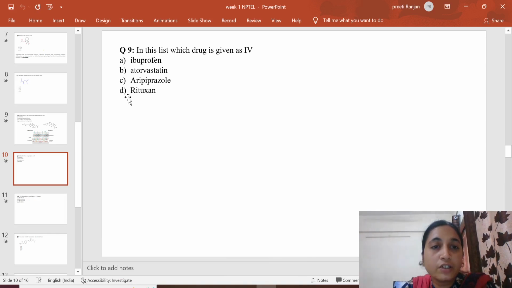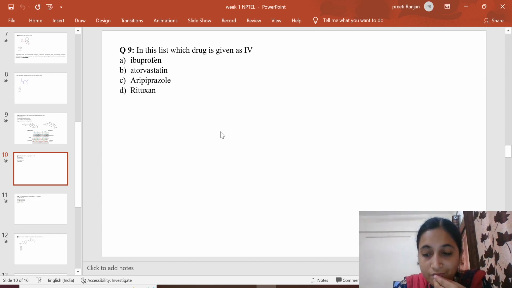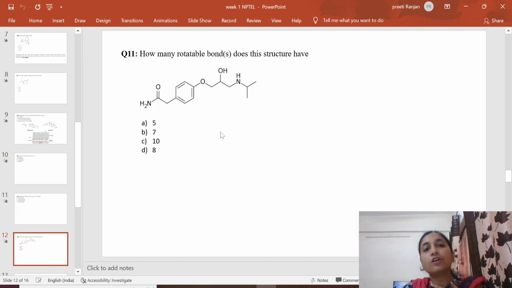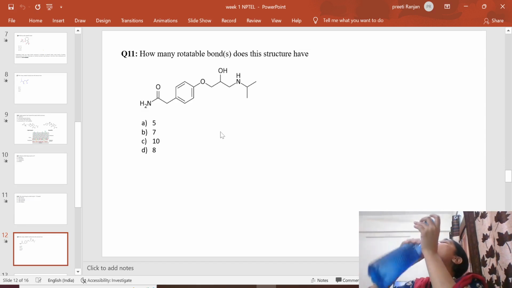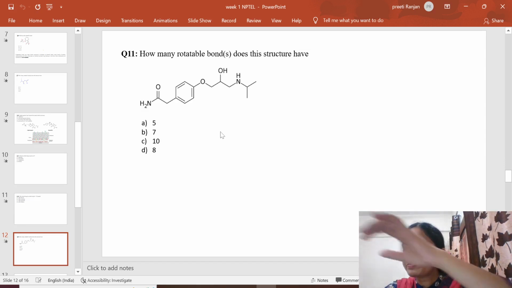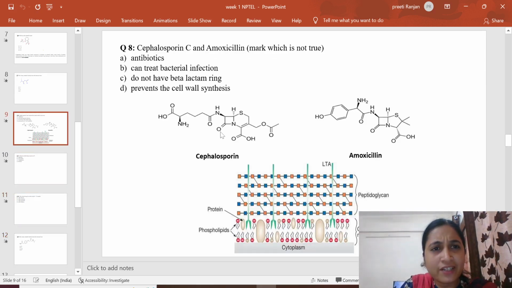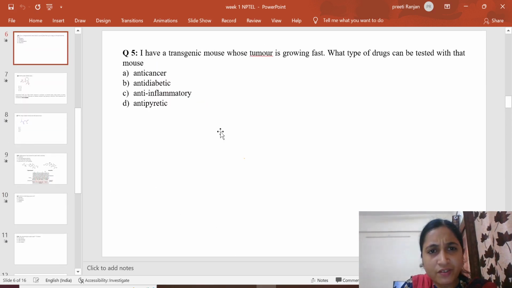This can be used, na, Rituximab. This is an anti-cancer drug, na. Just now I told you. So now question number 5.